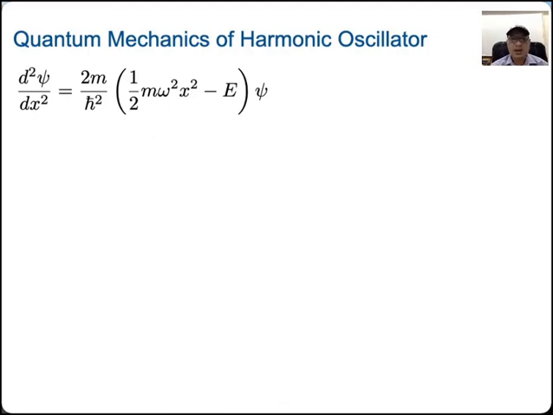I will write down the complete solution just for your knowledge at the end of this lecture. So let's focus, in an approximated way, on what could be the possible solution of this equation for the ground state. What will be the psi, or the wave function, for the ground state, and then we will try to deduce the corresponding energy for the ground state.